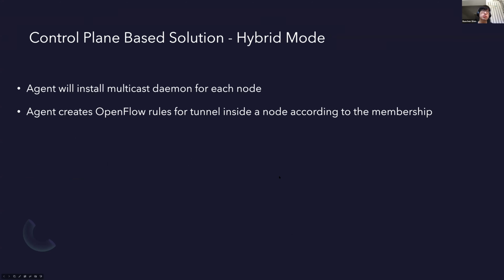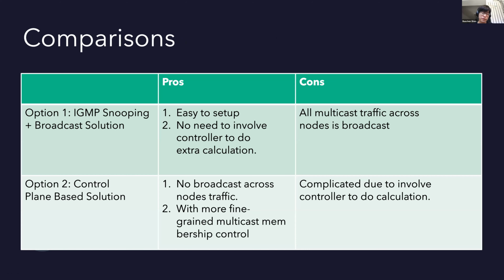Okay, we have discussed the two possible multicast solutions we proposed. Here's the comparison for these two. The IGMP looping plus broadcast solution is relatively easier to implement, and we don't need to involve the controller to do extra calculation.